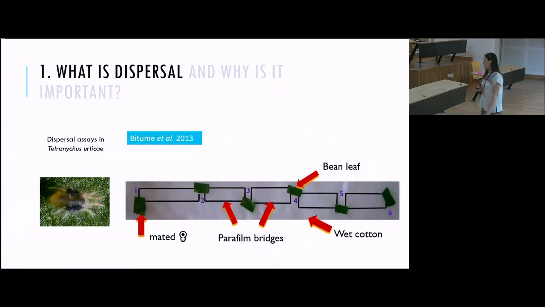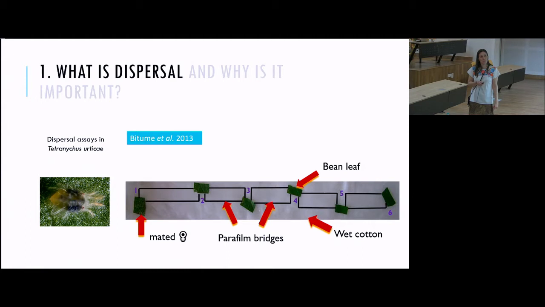Then there's a very different approach, which focuses on dispersal distance, not only moving from one unit to another, but how far you go. This is an example of an experiment that we ran with collaborators using spider mites. Again, we had some discrete patches, which were little bits of leaf cut connected by paraffin bridges.